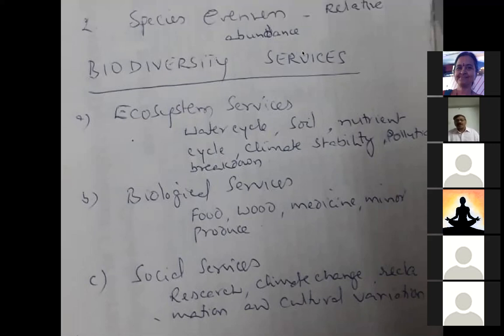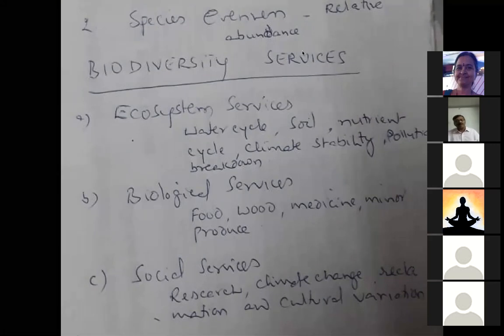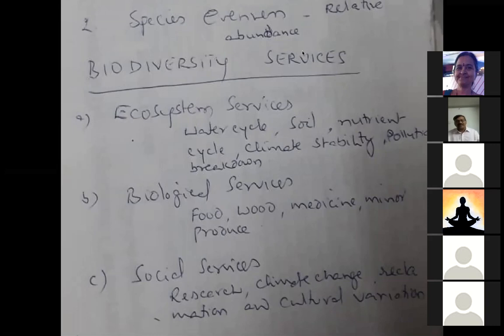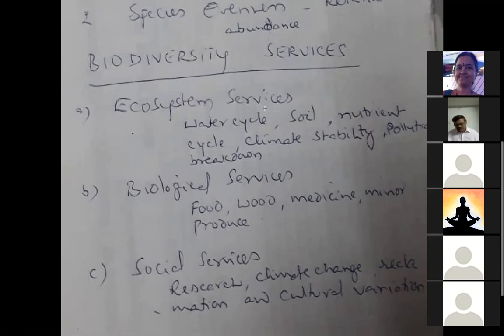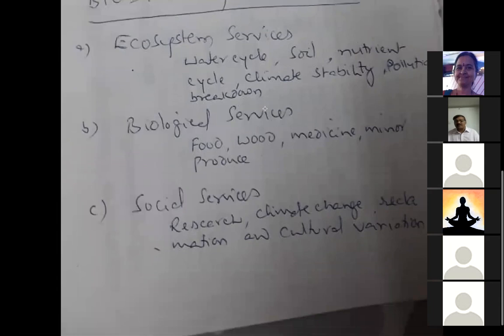A lot of cultural variation can also be found based on the vicinity of mankind, where people thrive in groups nearby. If a forest is available, it impacts the culture of the human beings, and the human population near the forest resources is also affected culturally. So these are the three major benefits of the ecosystem, many benefits of biodiversity.